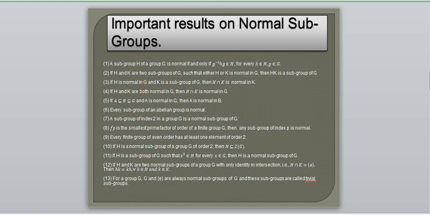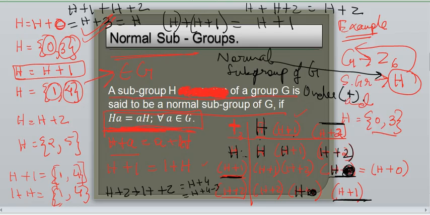If you remember, in the previous video I taught you what is a normal subgroup. A subgroup H of a group G is said to be a normal subgroup if and only if Ha equals aH for all a belonging to G.